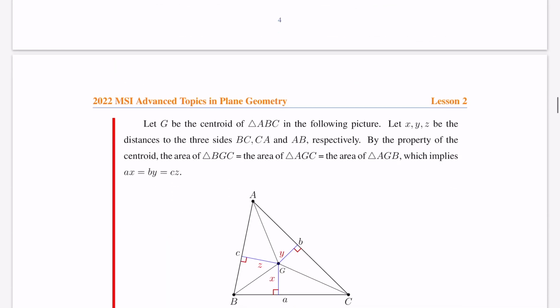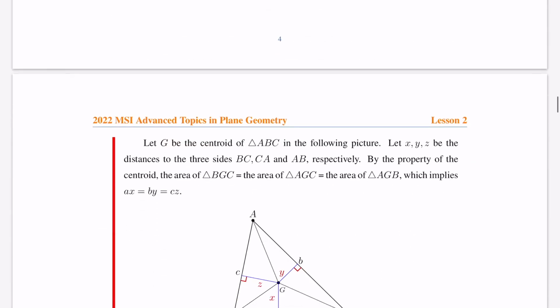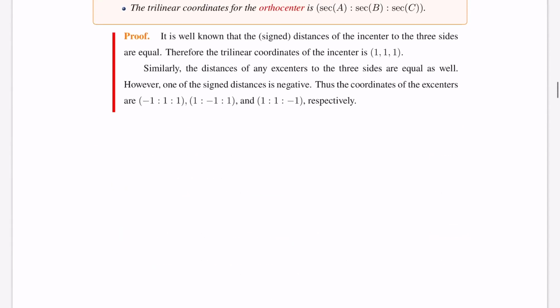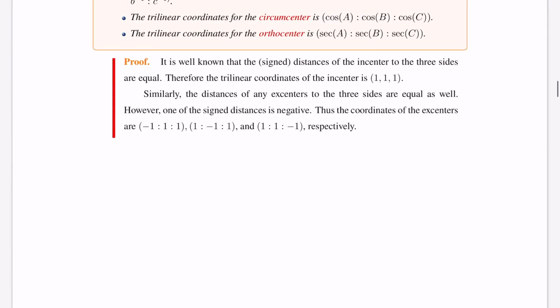I don't have a picture for that, so I will draw one. If we have a triangle, what is the incenter? The incenter is the center of the inscribed circle. Let's see if I can adjust that to make it tangent. It's a little bit hard. Anyway, suppose this circle is tangent to all three sides of the triangle.